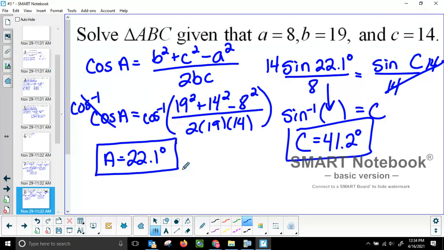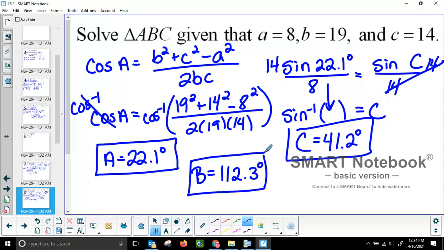All right, so again, now that we have two angles, it's easy enough to find our third. 22.1 and 41.2 are 63.7, so that's 112.3. Again, assuming I did the math correctly in my head. Oh, I'm sorry, not 3.7.